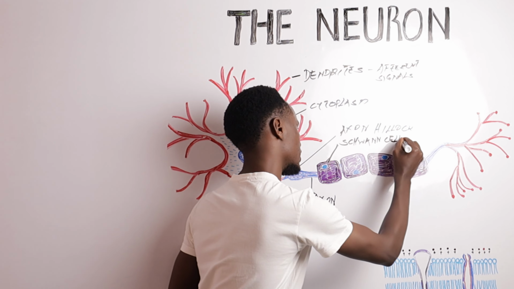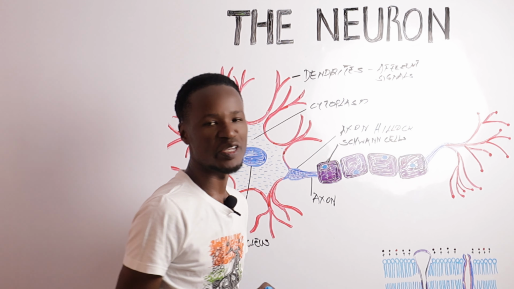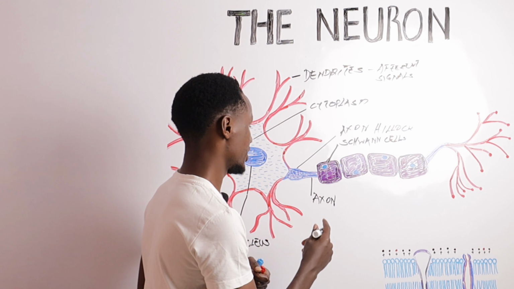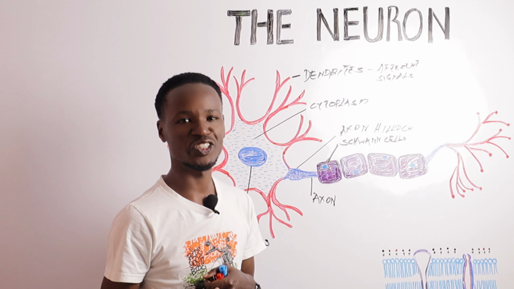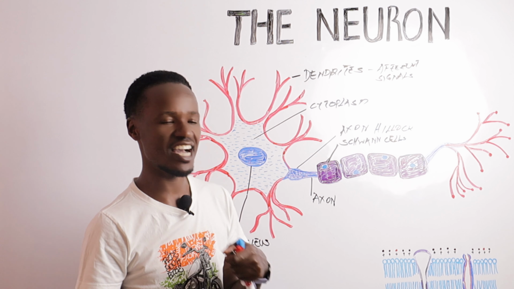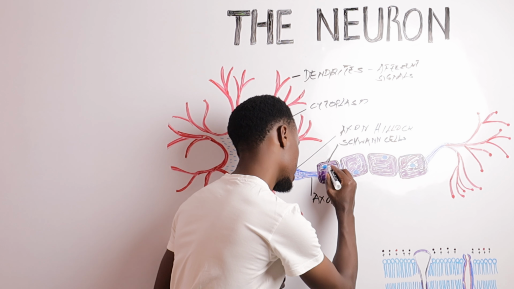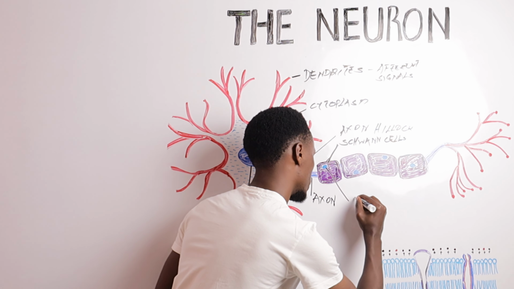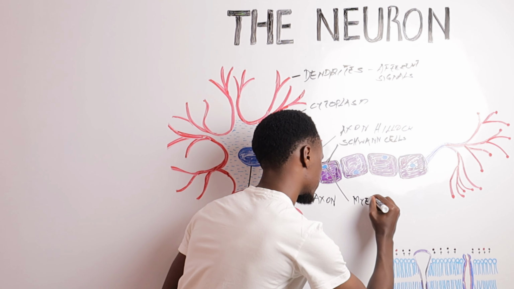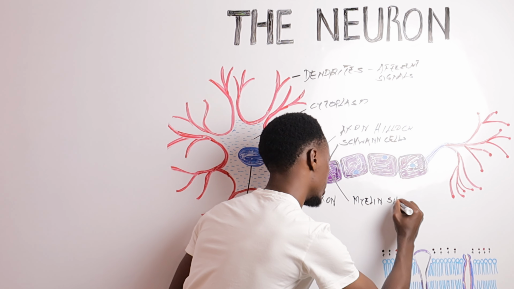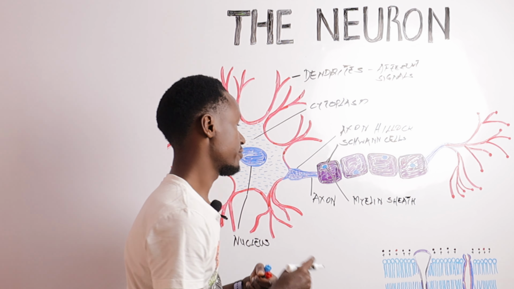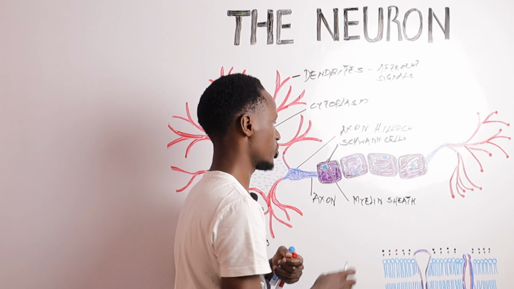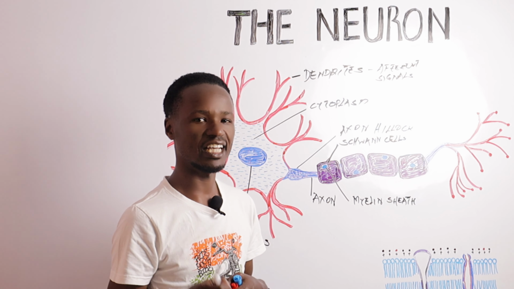These Schwann cells produce a fatty white material, and this white material is what insulates the axon. It is the one I've drawn here with my blue marker, and that structure is called the myelin, or the myelin sheath.